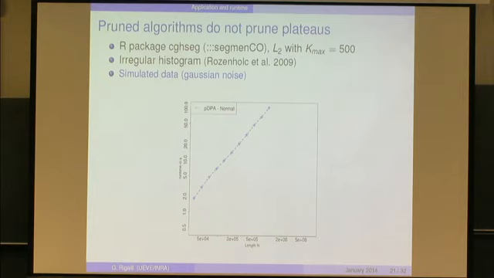And here just represents the runtime as a function of the length. So we can go, let's say, up to 1 million data points with a Kmax of 500. And we would be able to do that in 100 seconds. And so now the next thing I will be doing is to do the same thing with real DNA-seq data where you have plateaus.